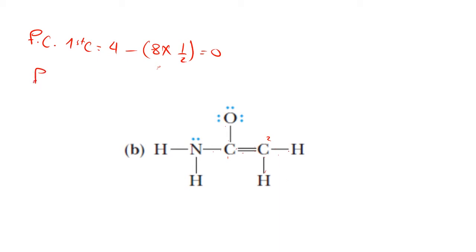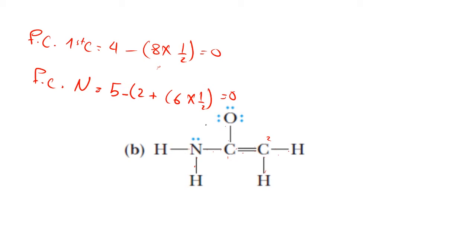If I look at the formal charge for nitrogen, I have 5 valence electrons. So the 5 electrons minus the number of unshared electrons, which is 2, plus the number of shared electrons, 1, 2, 3, 4, 5, 6. I have 6 shared electrons multiplied by half. This means I have a total formal charge equal to 0.